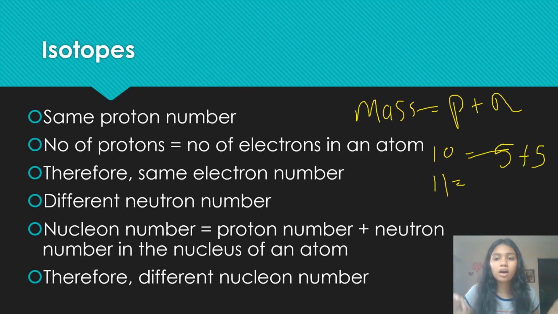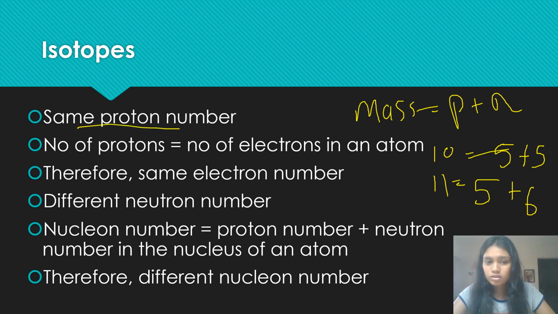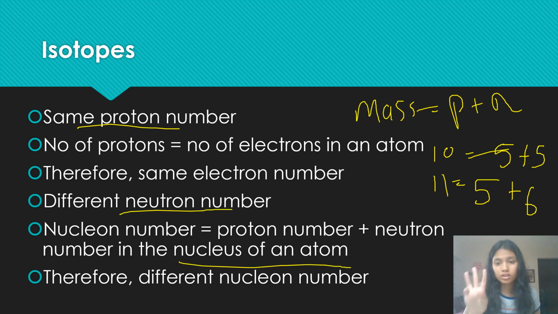That's why elements are distinguished by their proton number, not by their mass number, because mass number can change. If they're still going to have 5 protons, how many neutrons will they have? 6. So therefore, isotopes are atoms of the same element that have the same number of protons, but different number of neutrons in the nucleus of an atom. Important definition, 3 marks.